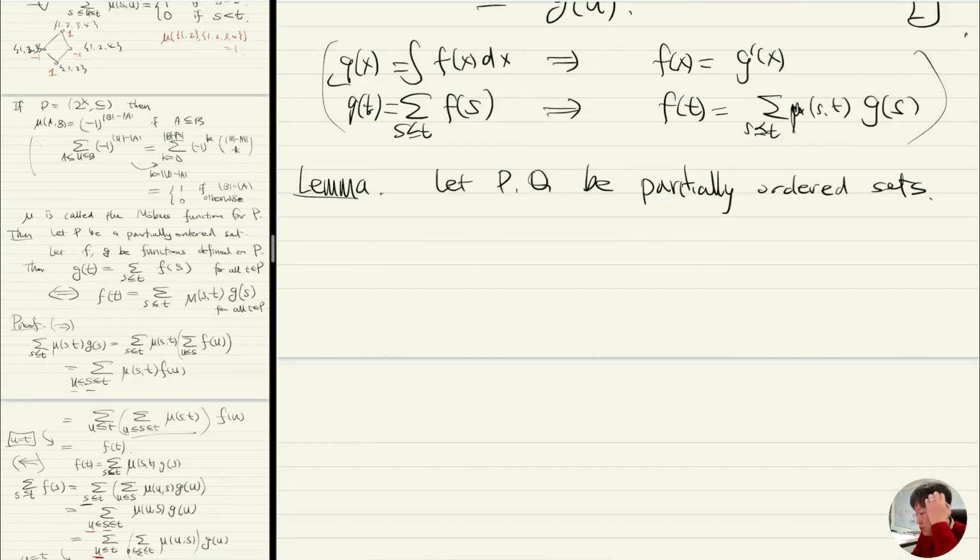Right, now we have two sets, and let F be defined on P times Q to, let's say, some field, okay? Be a function. And G is also some function from P times Q to F. All right?